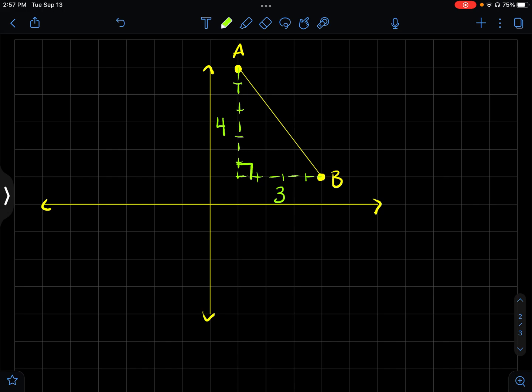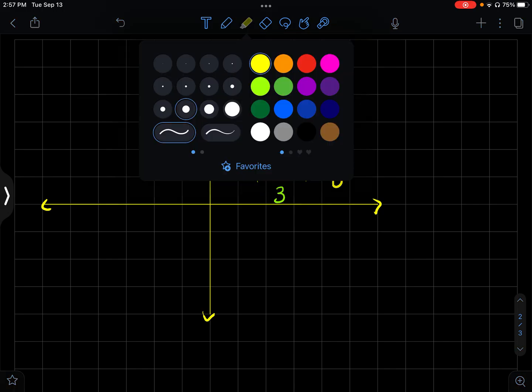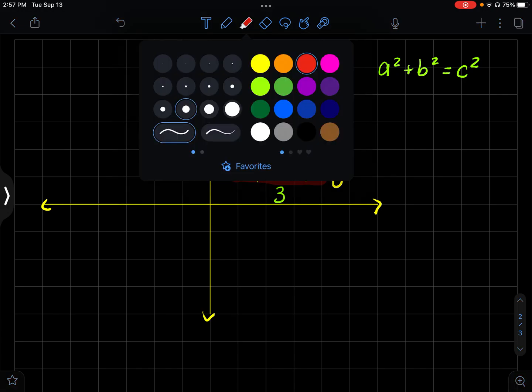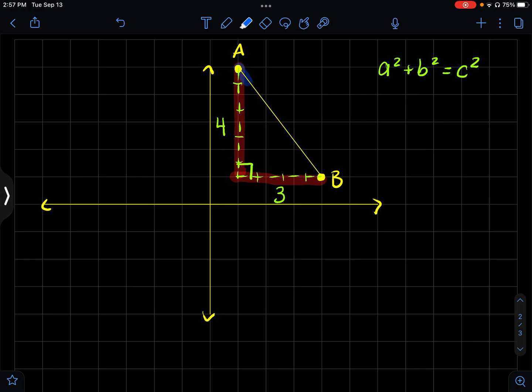Now I have a right triangle and can use the Pythagorean theorem. This is your a squared, your b squared, and the Pythagorean theorem says a squared plus b squared equals c squared. So when you're using the triangle method in the coordinate plane, the length of what you're trying to find is always going to be your c.